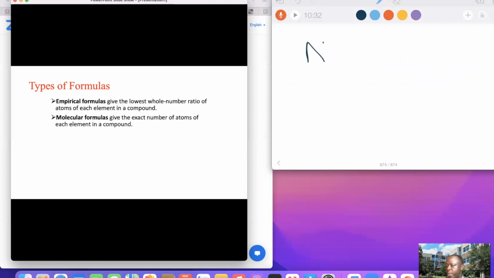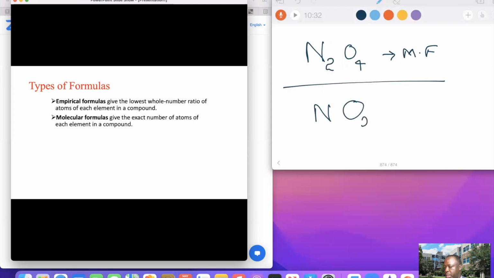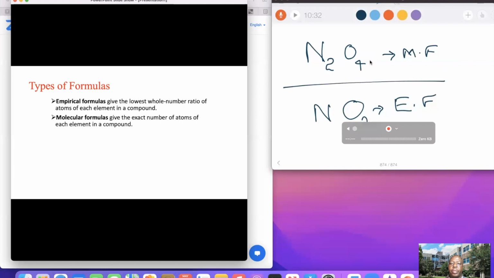Nitrogen, you may be given dinitrogen tetraoxide, N2O4. This is the molecular formula, whereas NO2 is the empirical formula for dinitrogen tetroxide.